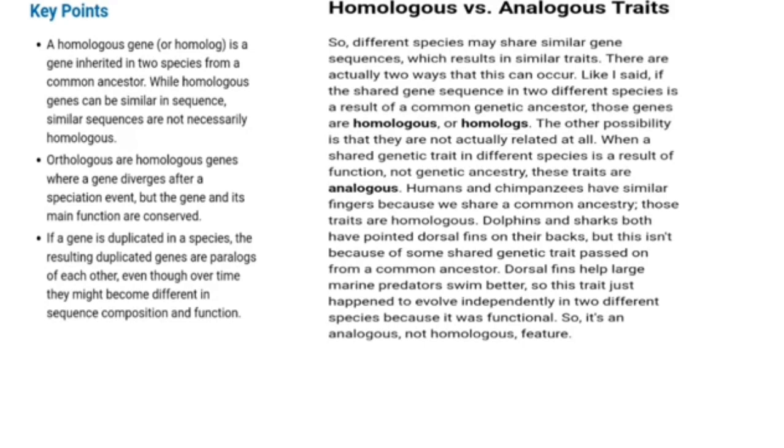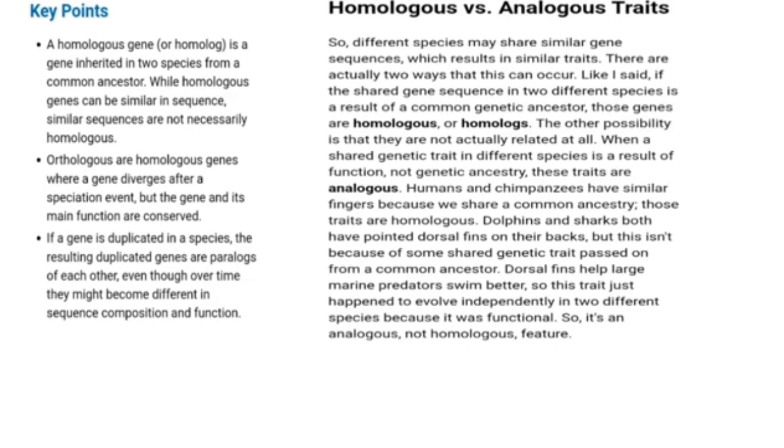Then homolog versus analog, analogous traits and homologous traits. Like we said earlier, homologous genes are two genes that originated from one common ancestor. Analogous genes are genes that do not originate from a common ancestor, even though they look similar in function, but they do not originate from a common ancestor.